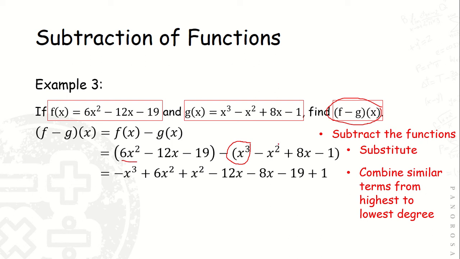And then we have x squared. So that will be negative times negative, and that will be plus x squared. And then copy negative 12x. And then we have negative times positive, and that will be negative 8x. Copy negative 19. And then negative again times negative, we will have positive 1.